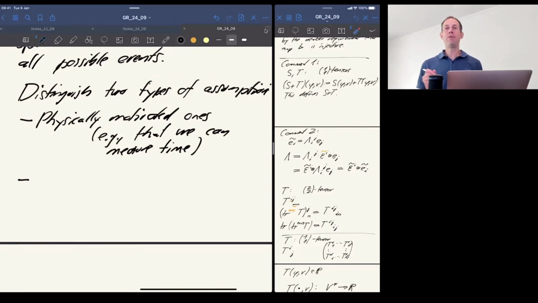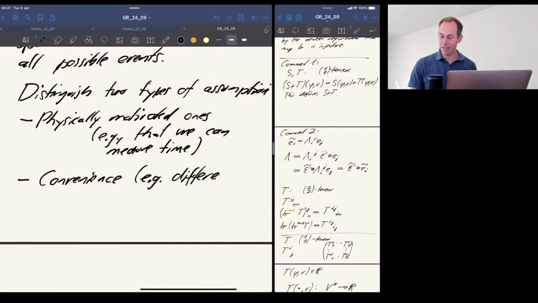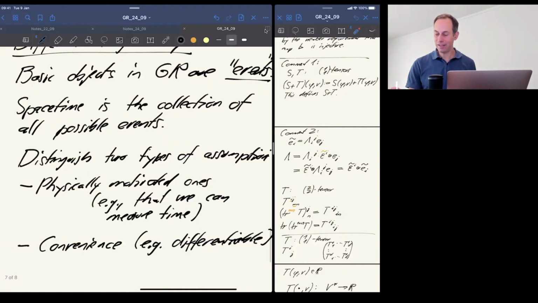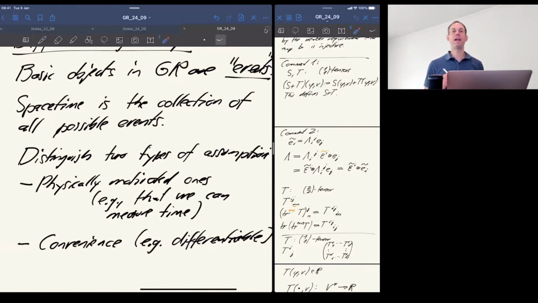But there are also other types of assumptions, which I would just say are introduced for convenience. One of these assumptions, an example, is the fact that the space-time is differentiable. So what do I mean by assumptions for convenience? Maybe if you go back here, when I said there are events in space-time, it's not necessarily true in any particular way that these events are somehow connected to each other in a smooth way.